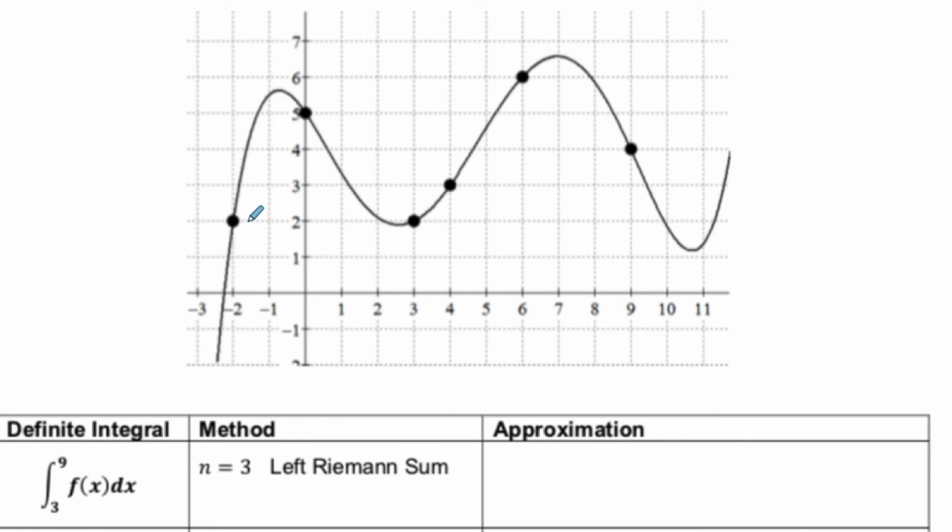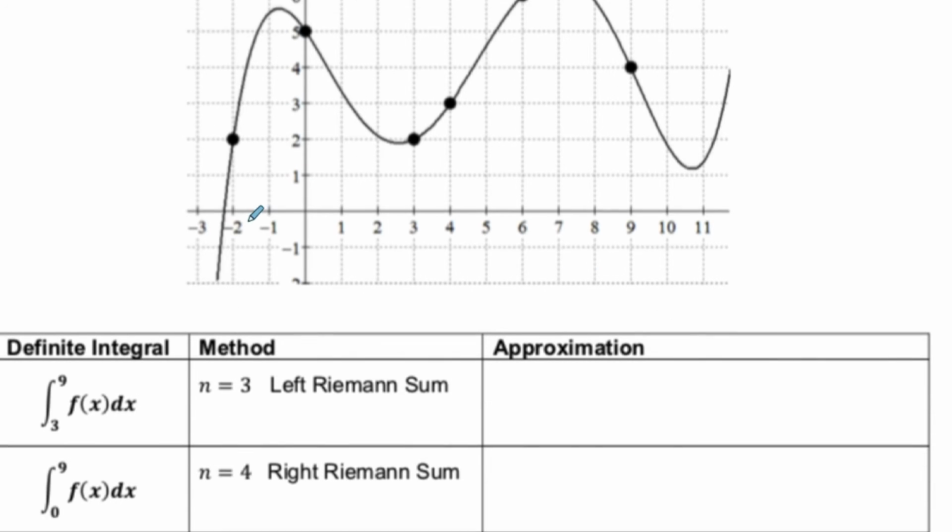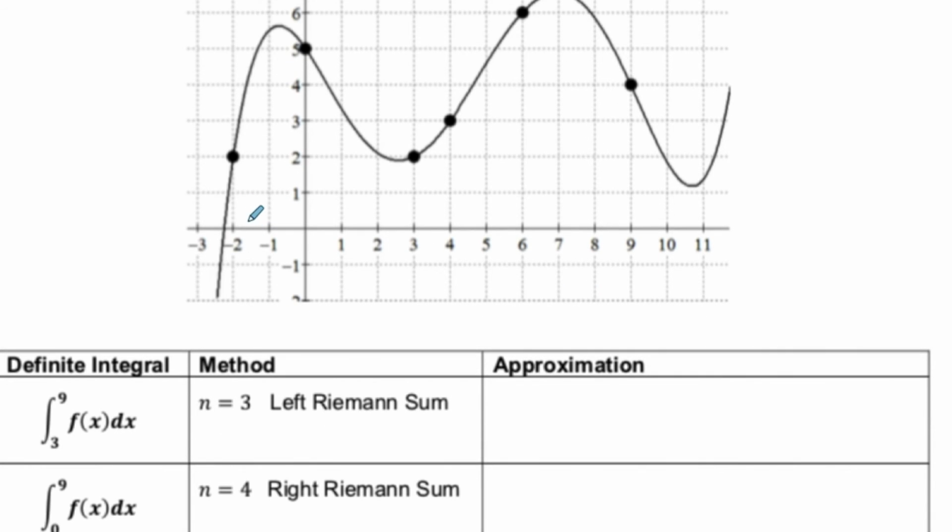And now we're going on to this second part, which is basically just like the first part. It's just you're doing a little bit more of the work. Instead of them writing out the work and asking you is it left or right, they're telling you 3 rectangles and left. So we're going from 3 to 9, using 3 subintervals.